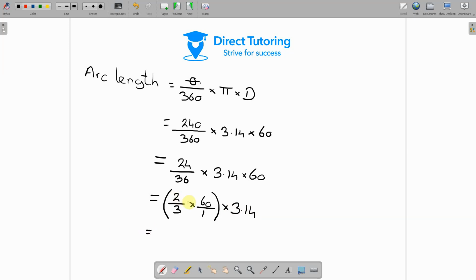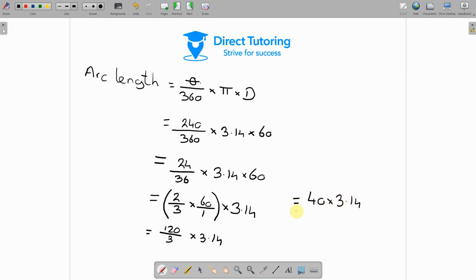So by multiplying fractions, you're going to get 120 divided by 3 times 3.14. Now I'm just going to do the rest of the calculation over here. So 120 divided by 3 is 40, then times by 3.14.